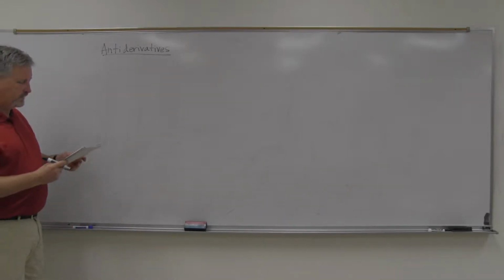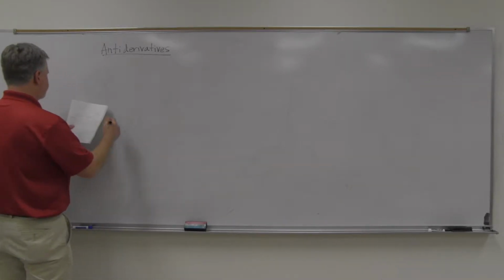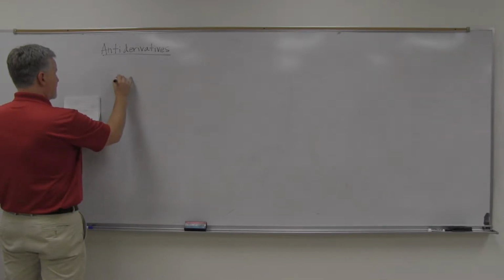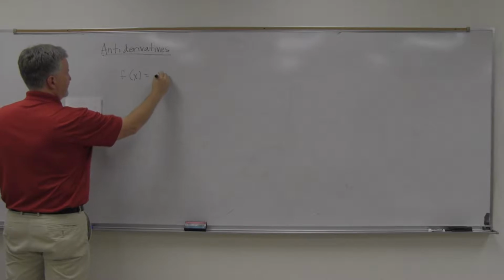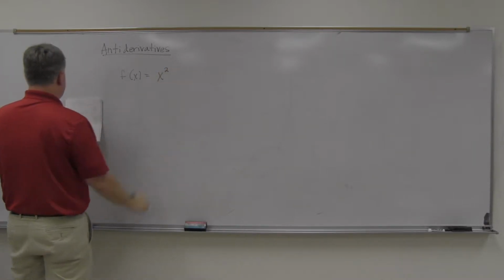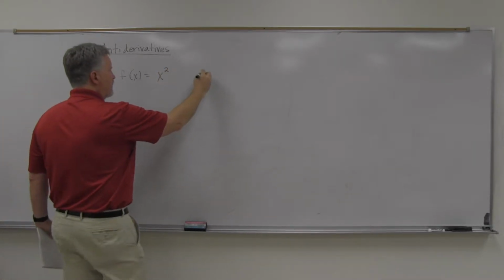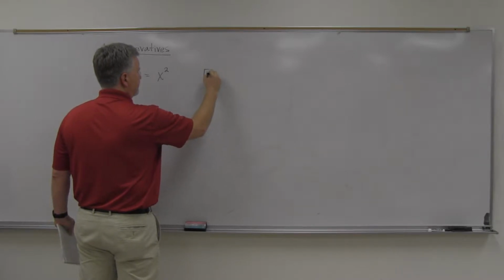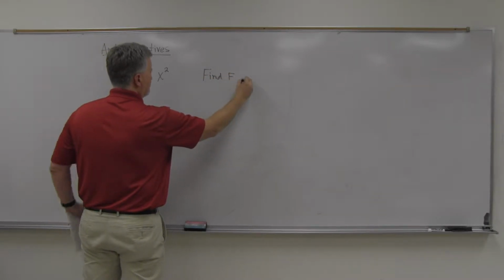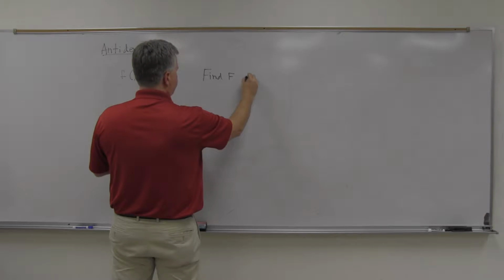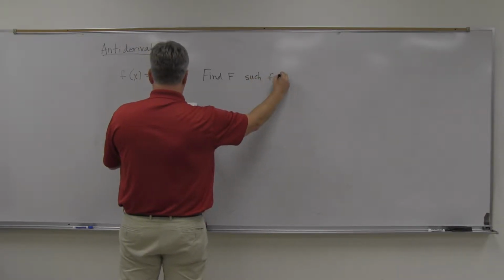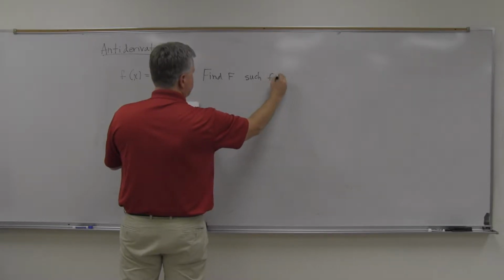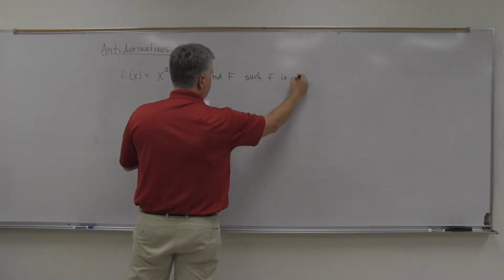Okay, so let's say I've got f of x equals x squared. So I'm going to find a function F such that F is its derivative.